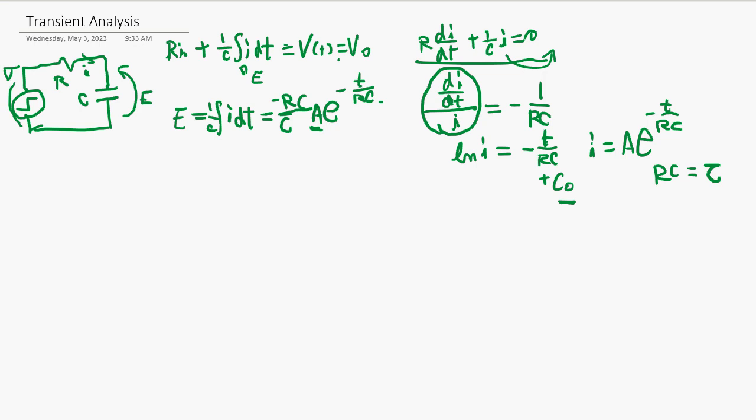The first time I apply this, the capacitor is a short circuit, so I is going to be V0 over R. We apply that, and this is the time constant again: I equals V0 over R times e to the minus t over tau.